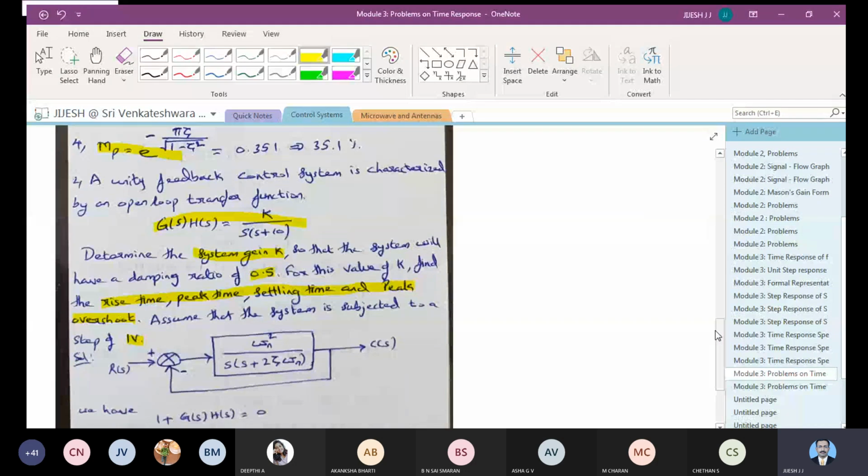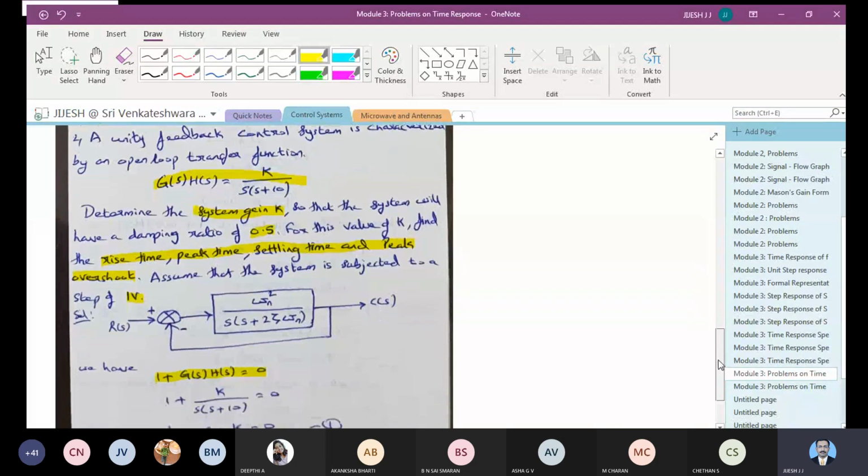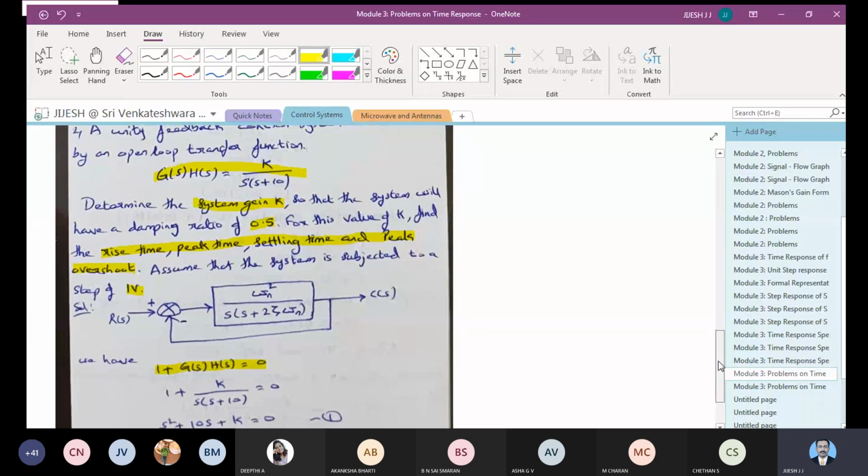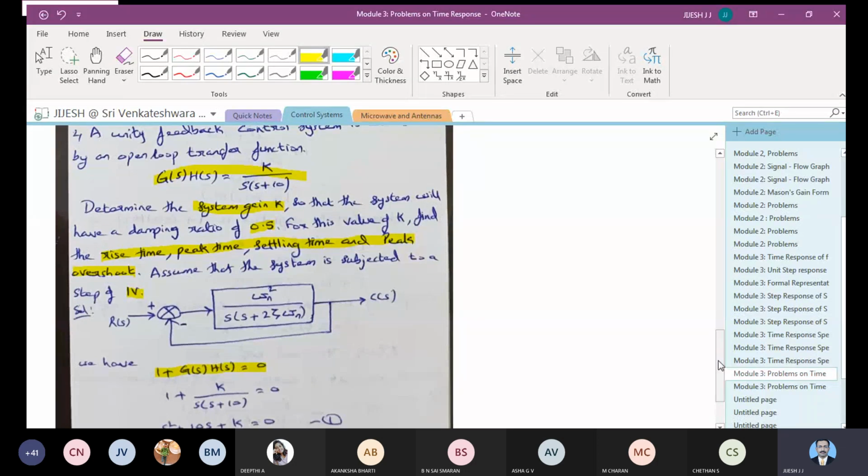So as usual, we know that 1 plus g of s h of s is equal to 0. So here g of s h of s is k divided by s into s plus 10. So we can simplify it and the equation will come in terms of k itself. Substituting that g of s h of s, you'll get 1 plus k divided by s into s plus 10, or you'll get it as s square plus 10s plus k is equal to 0.